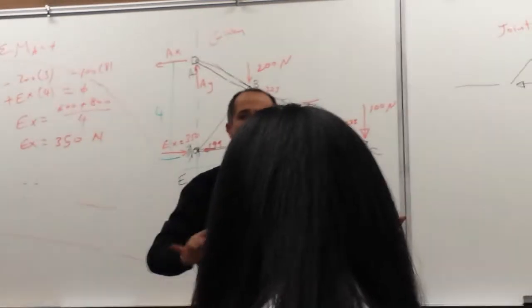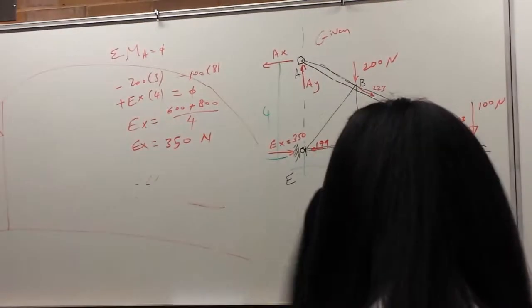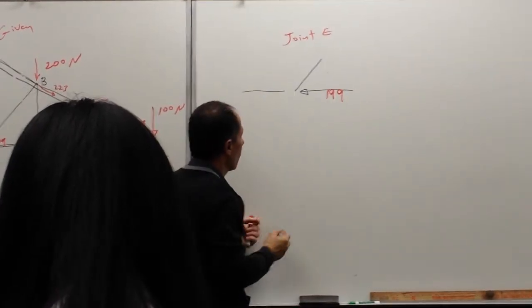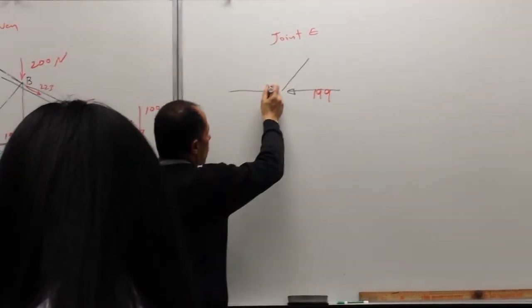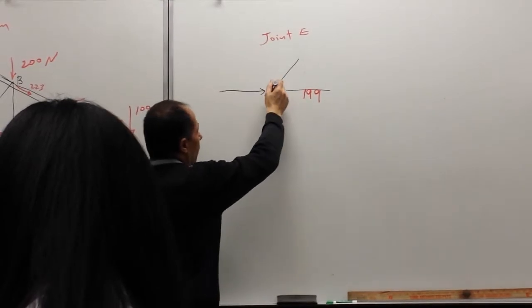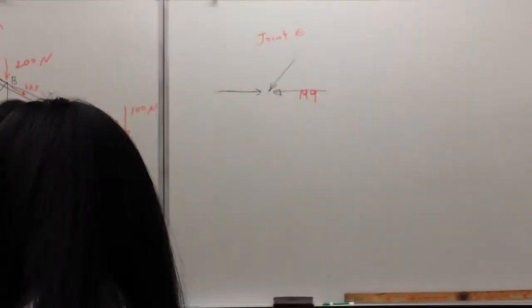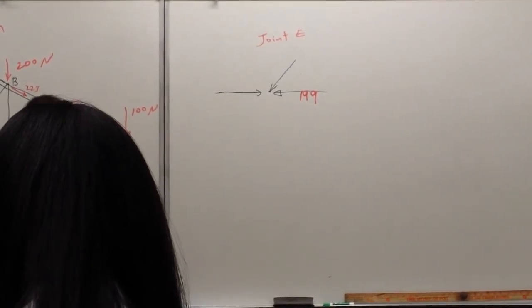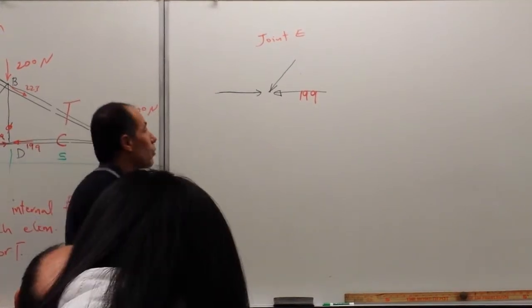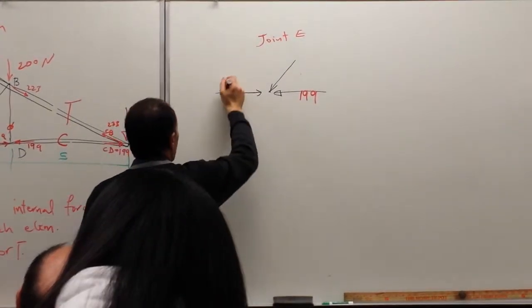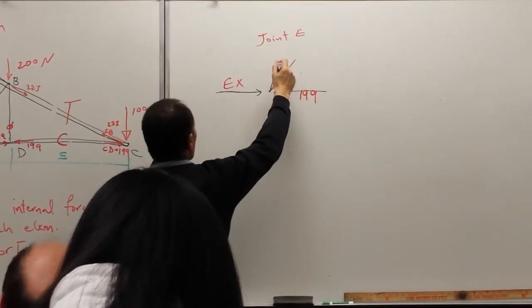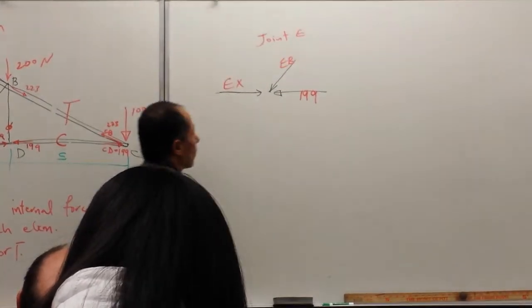Let's assume that we didn't calculate it. So this is supposed to point to the right, this way. This one this way. This is a zero member, but again, I'm just trying to convince you in different ways. This element is EX. This element here is EB.